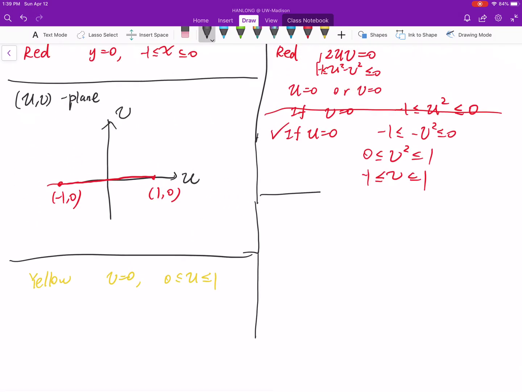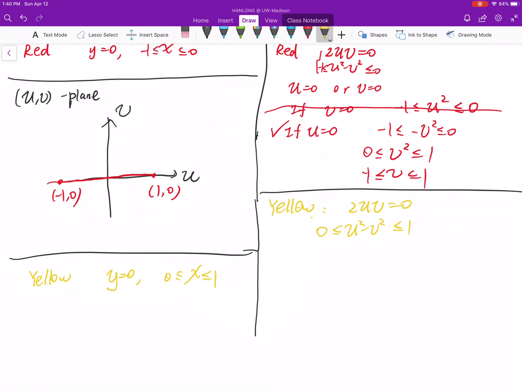Therefore, on this side, you have 2uv equals 0, and u squared minus v squared less than 1 and greater or equal to 0.